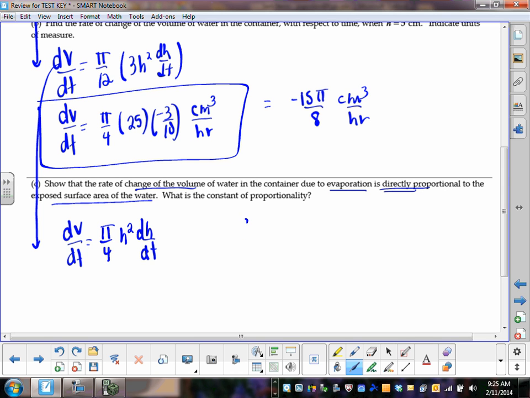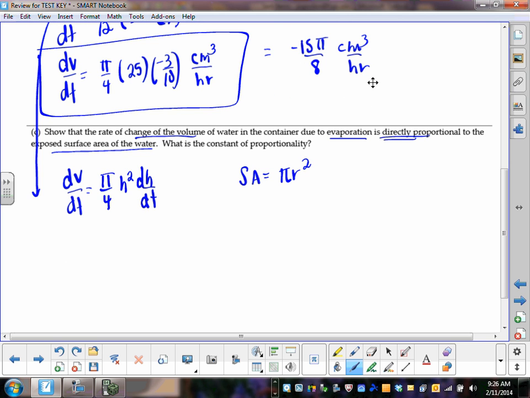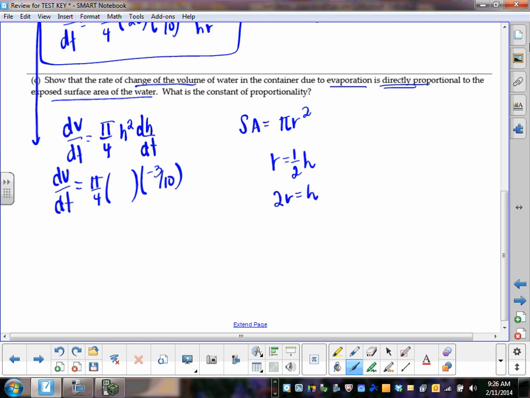So what is this exposed surface area? Well, it's the area of that circle, pi r squared. I know that dH dt is negative 3 over 10, and I'm showing that the volume change is proportional to pi r squared. So now, since r is equal to half h, 2r is equal to h, and I can substitute that in here and put 2r in here squared.